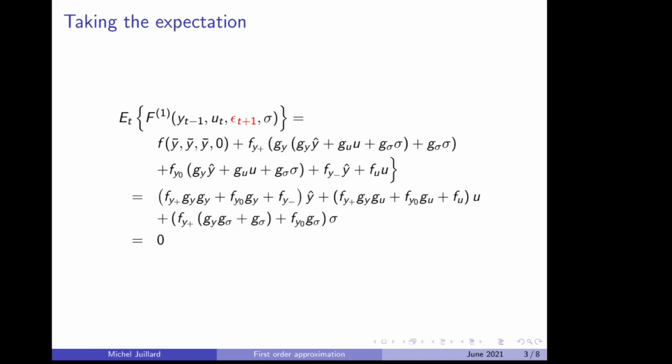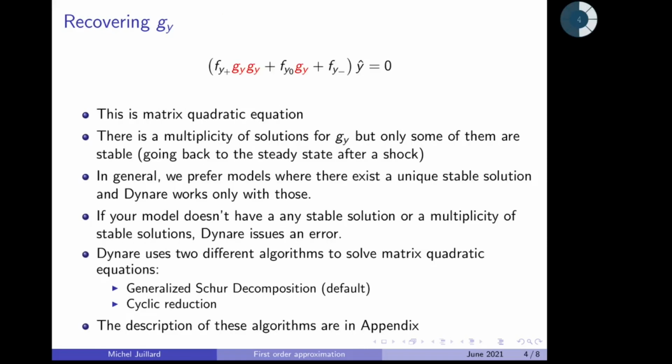So now I'm going to use successively these three parentheses to recover gy, gu, and g sigma. When I start with gy, I'm a bit surprised because despite the fact that we are dealing with a linear model, I'm confronted here with a quadratic matrix equation.